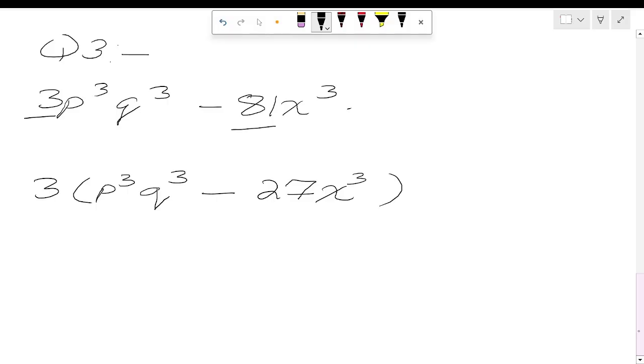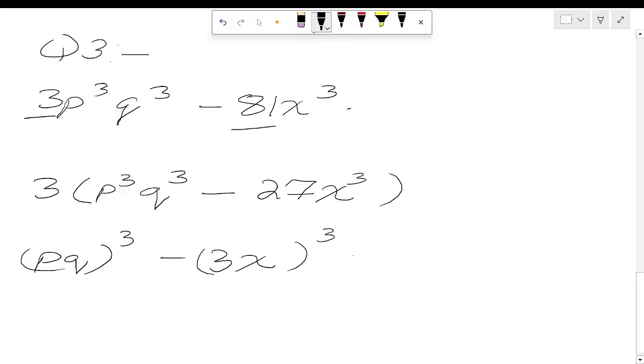Now I have this in the form of a cube minus b whole cube. So I just need to arrange it. So let's assume p cube q cube can be written as pq whole cube, and 27x cube can be written as 3x whole cube.